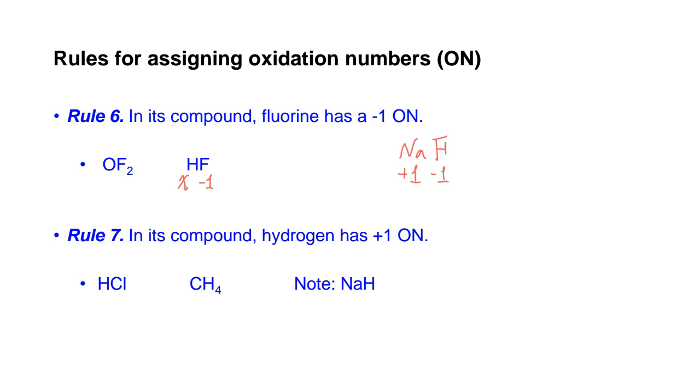If we add the oxidation numbers of all the atoms together, X plus -1, it is supposed to be the charge of the molecule. In this case, the hydrogen fluoride molecule has 0 net charge, so this is supposed to be 0. Then the oxidation number of hydrogen will be +1.